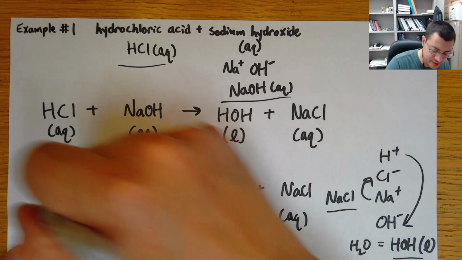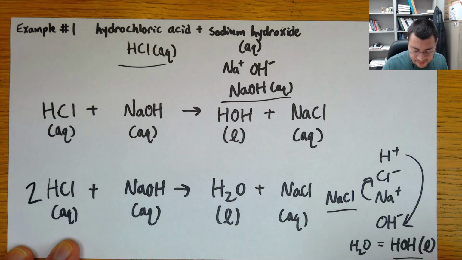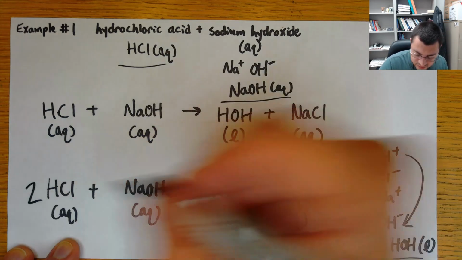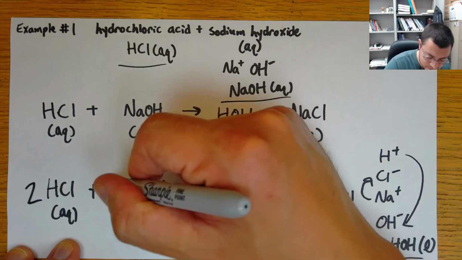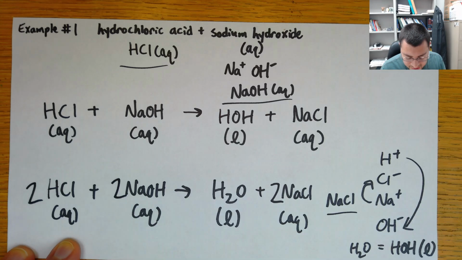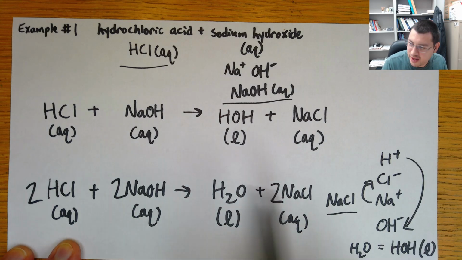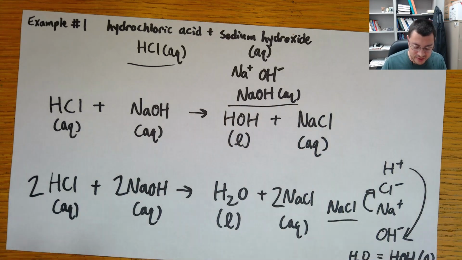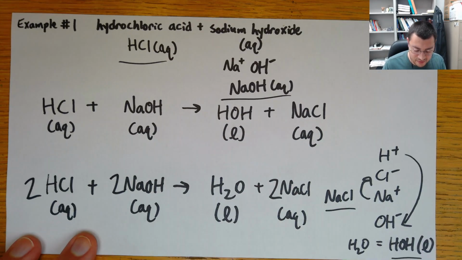And then maybe they'll be like, okay, I gotta put a 2 here. And then they're like, oh, I have 2 chlorines. Oh, I got 2 sodiums. And then they'll kind of leave it at there. Or maybe they'll get into a balancing equation death loop, where you just keep going and all the numbers start increasing.